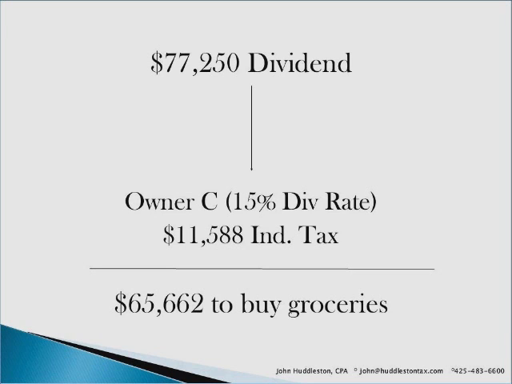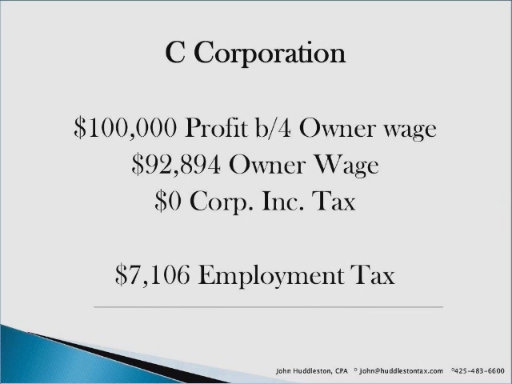So the owner's going to pay dividend tax of $11,588 on this. You started out with $100,000 of earnings after paying all your business expenses except taxes, and you're left with $65,662 to purchase groceries.